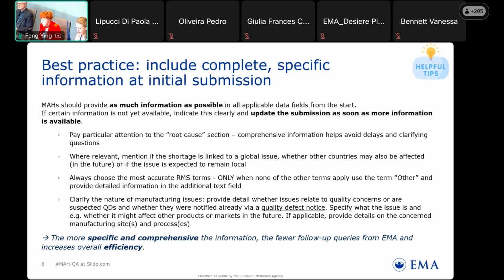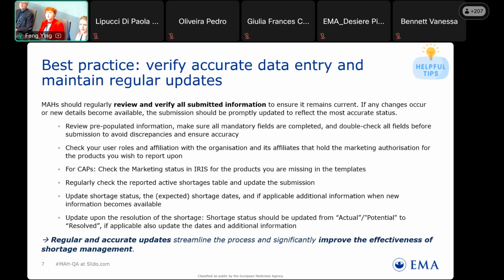So of course, the more specific and comprehensive the information that you include, the fewer follow-up queries you'll get from the EMA, and the whole speed of interaction will be much quicker. So do verify that information that you're submitting is accurate, and do send us regular updates.